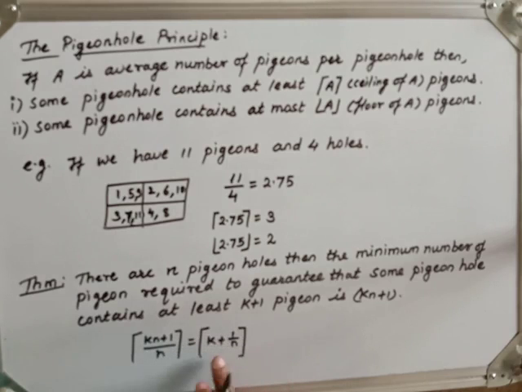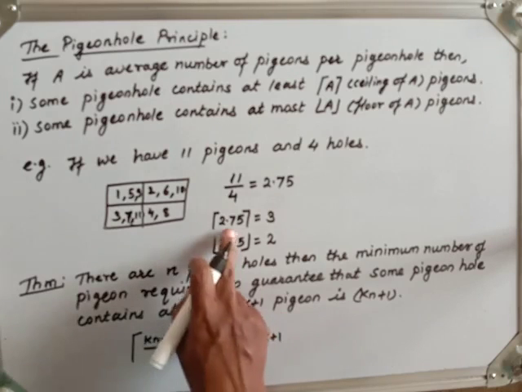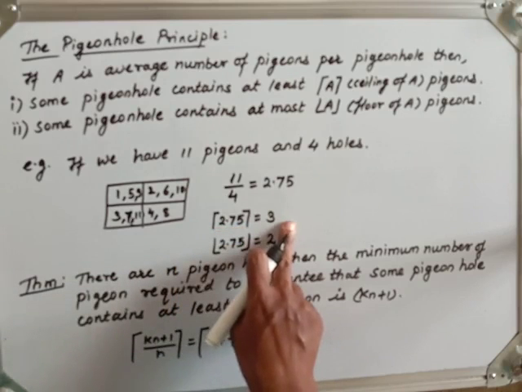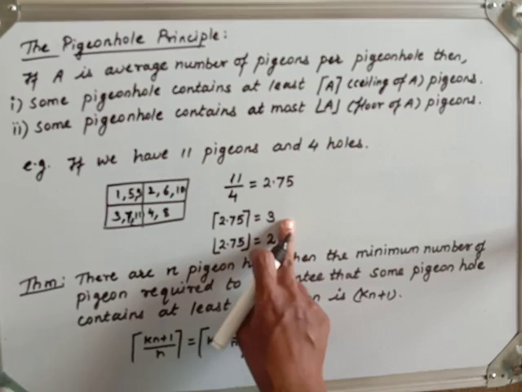The ceiling is the integer value greater than or equal to that number, so obviously it is k plus 1. Just like here, 2.75 is there, and the integer greater than or equal to it is 3.